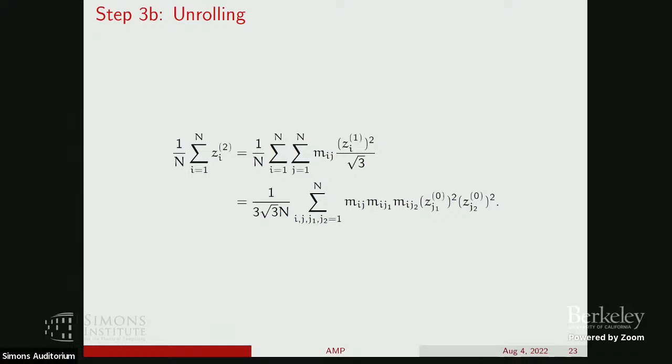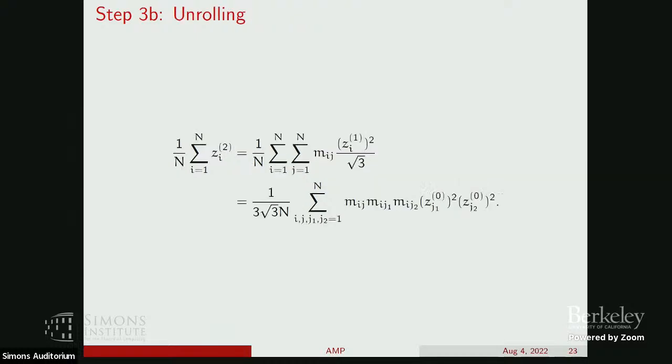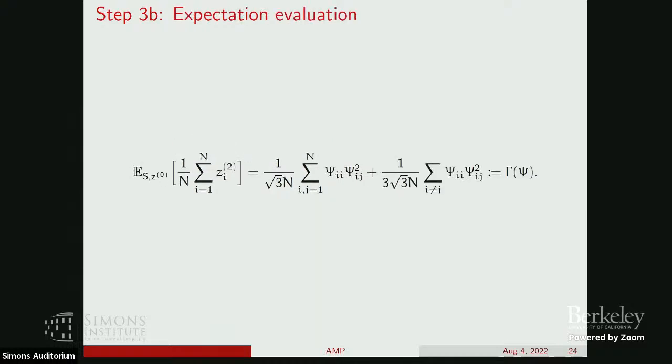Now, what you do is that you take the expectation with respect to the signs, and you take the expectation with respect to the initialization. So the M_ij's contain the signs, and the Z^0's are IID Gaussians. Once the dust settles, you just have some expression in terms of the entries of your delocalized matrix psi. That's what you need.